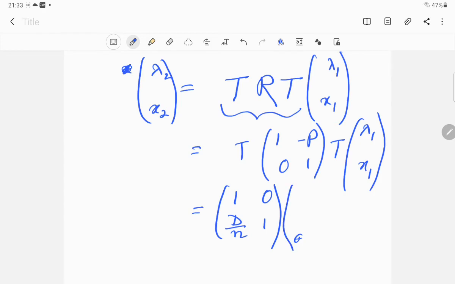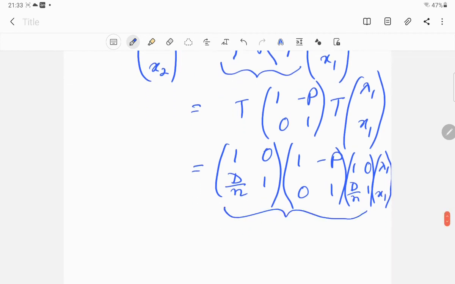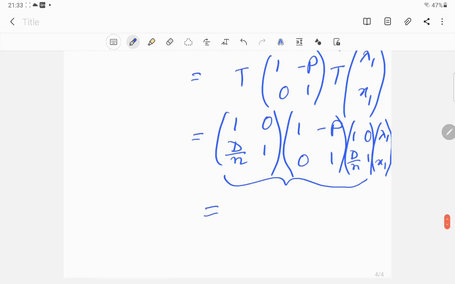So it is again 1 minus p 0 1, then 1 0 d by n 1, and then lambda 1 x1. If you multiply all these matrices, you need to do matrix multiplication.